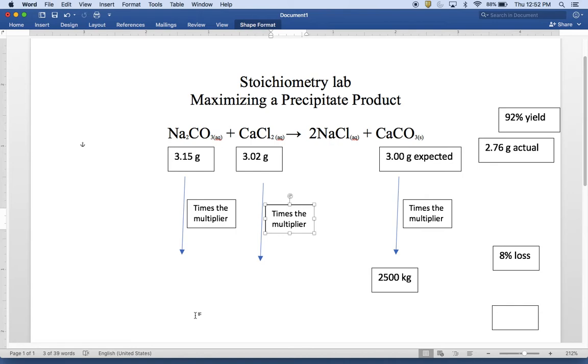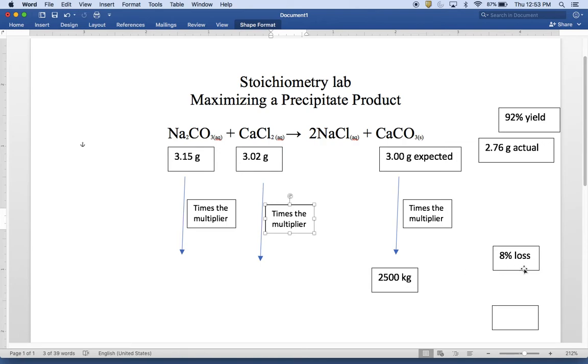Only that's not your final answer, because this amount of this plus this amount of this did not actually make this amount of this. Then the scaled up sodium carbonate and the scaled up calcium chloride will not actually make 2,500 kilograms. It will make less.